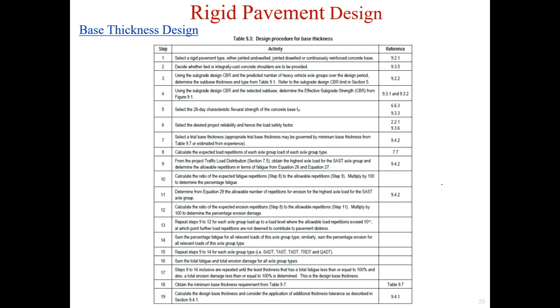Step 7 is to select a trial base thickness. Then we calculate the expected load repetitions of each axle group load of each axle group type. From the traffic load distribution, we find the highest axle load for the SASD axle group and determine the allowable repetitions in terms of fatigue.